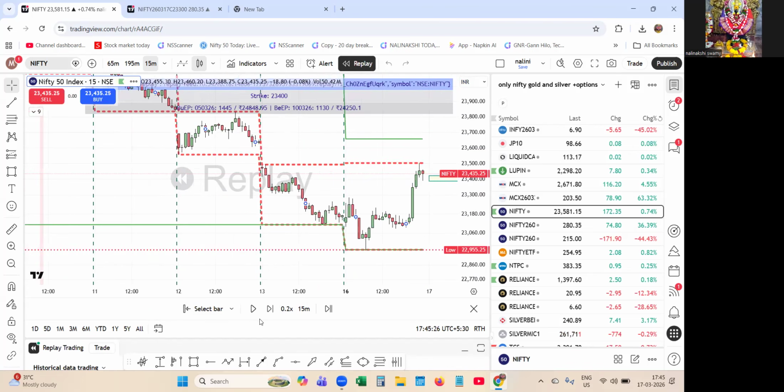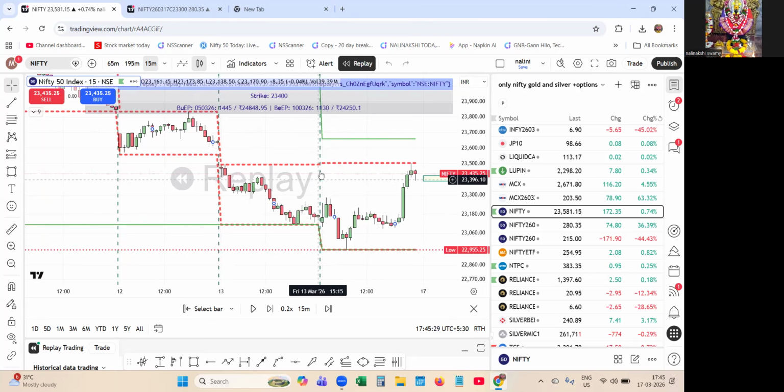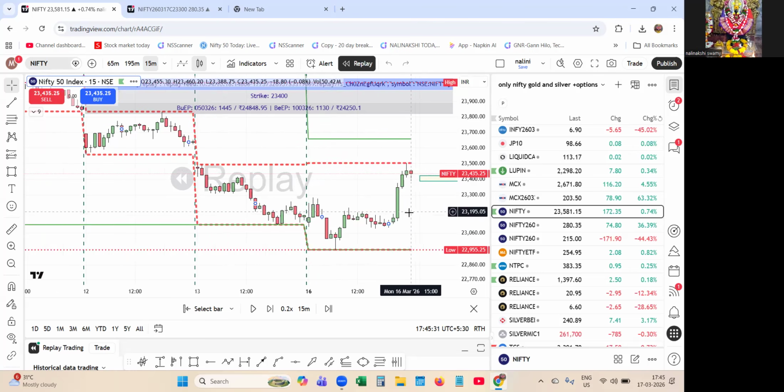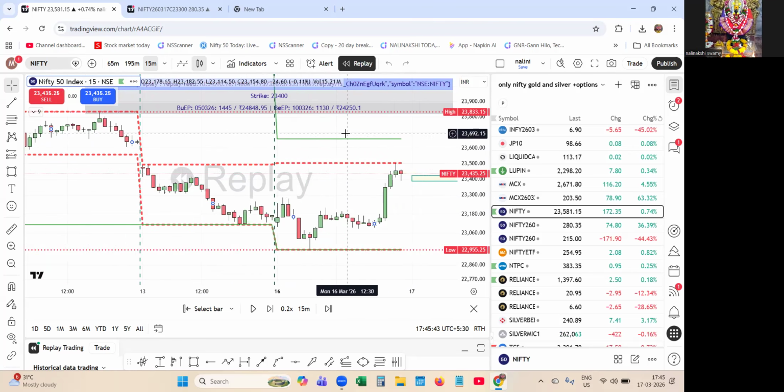When I press this, the Nalini EMA indicator is giving me the current week low and current week high, because it has already formed there. Current week high and low, current day's high and low, and previous day high and low are plotted in the market.